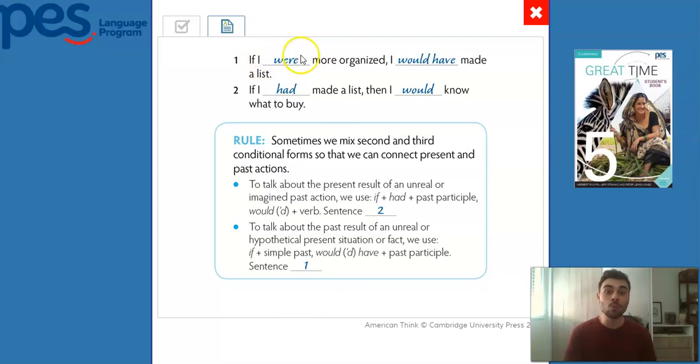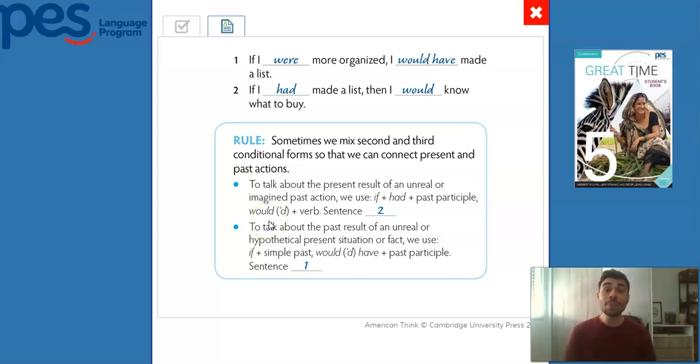So, if I were, so were, if plus simple past. Second part, would have, just like here, plus past participle, made, of the verb make. And that's it. I thought it was something more.